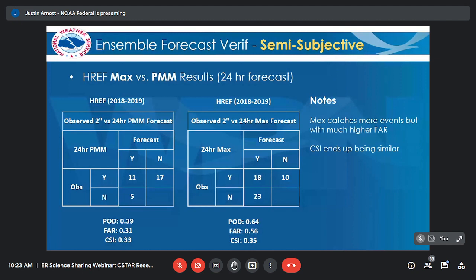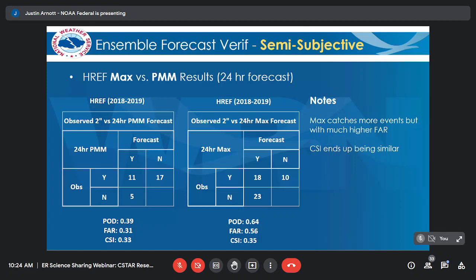Another way to look at it is to compare how the max does versus the probability matched means. I've got the PMM on the left and the max on the right. Clearly, you'd expect the max to have a higher POD for 2 inches in 24 hours, and it does: 64 versus 39. But it comes at the cost of a higher FAR, and in the end, it's a wash in terms of your overall skill.